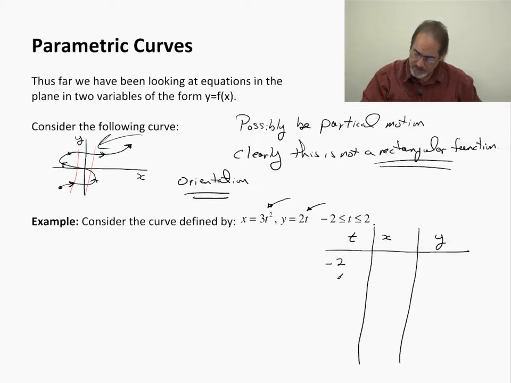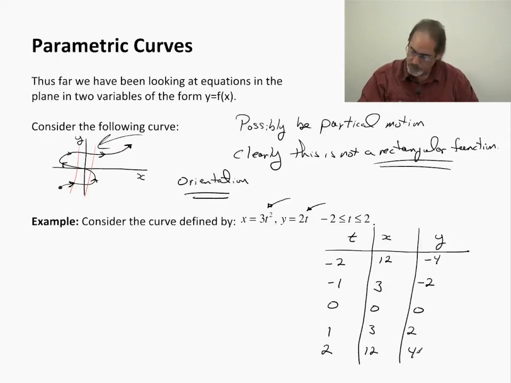So I'm going to make this -2, -1, 0, 1, and 2. And that will give me for x: 12, 3, 0, 3, 12, and y is going to be -4, -2, 0, 2, and 4.